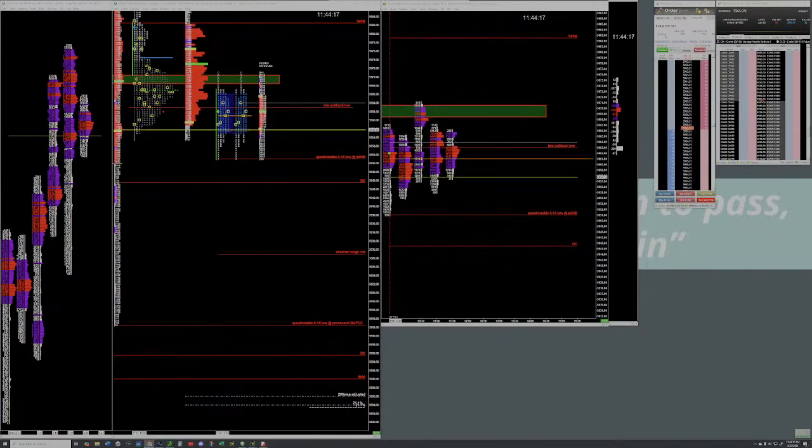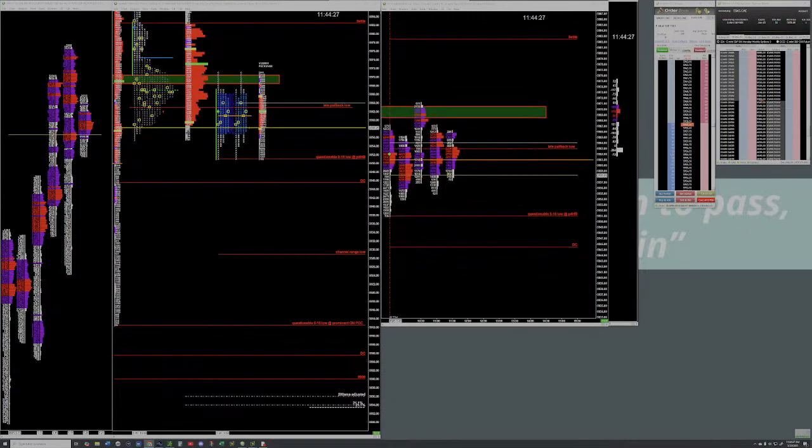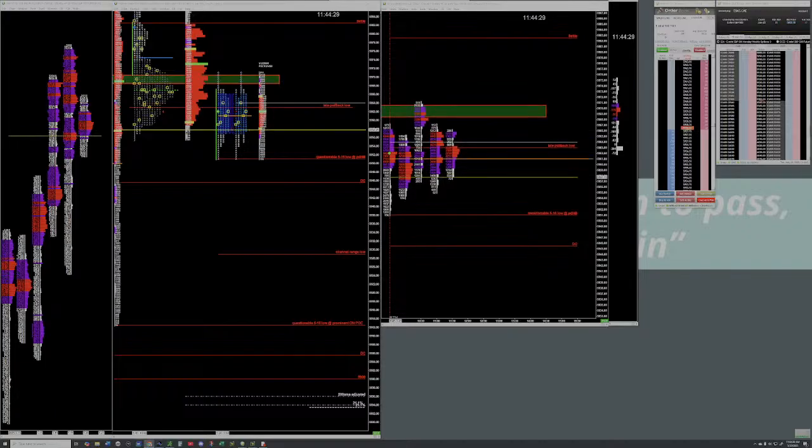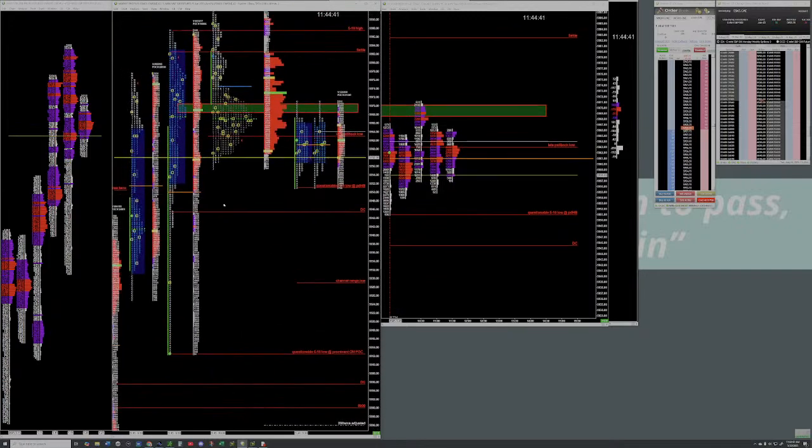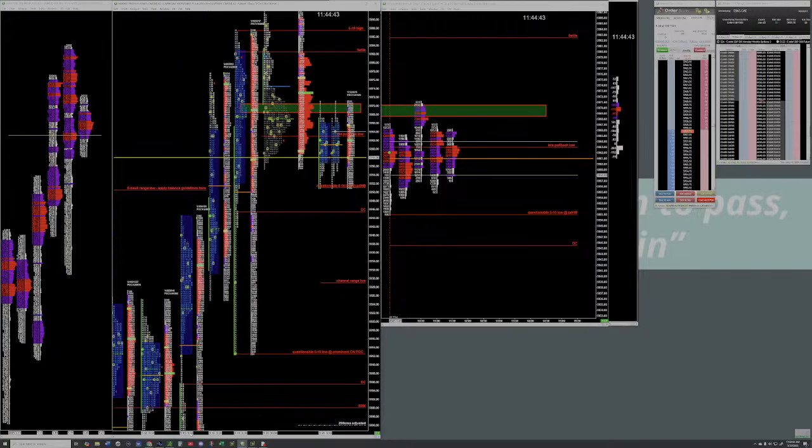Especially if this continues into the afternoon and we get closer and closer to the close. I'm not saying that's going to happen, but consider that. I have no bias here. It can be to the upside, it can be to the downside.